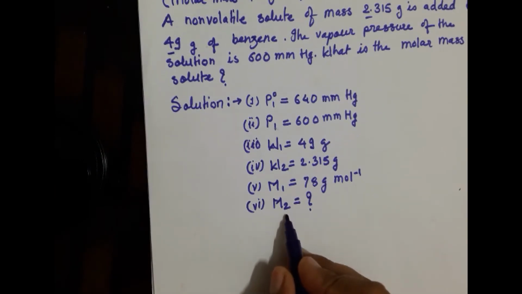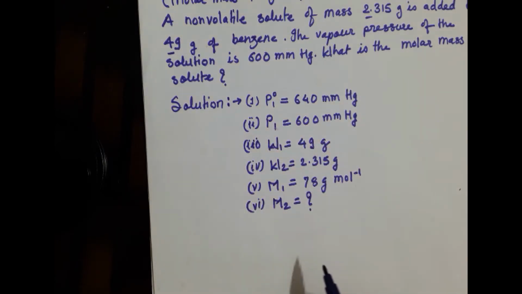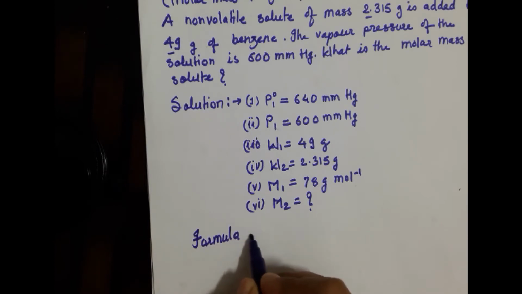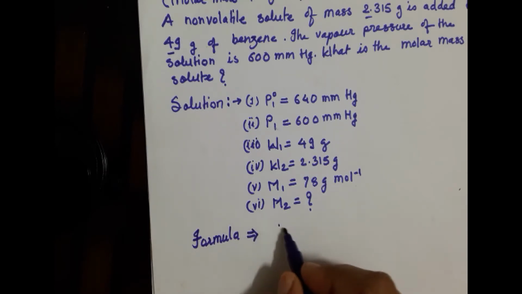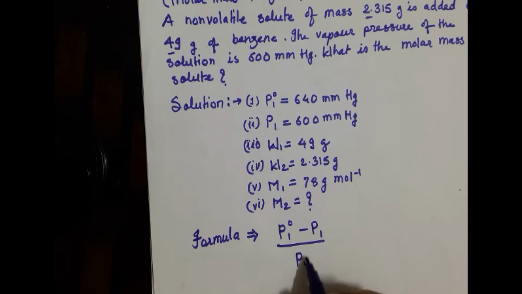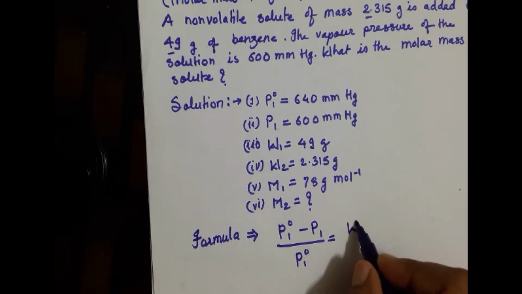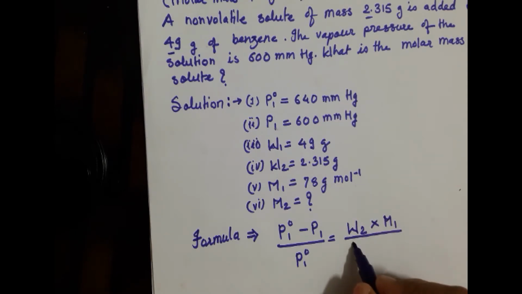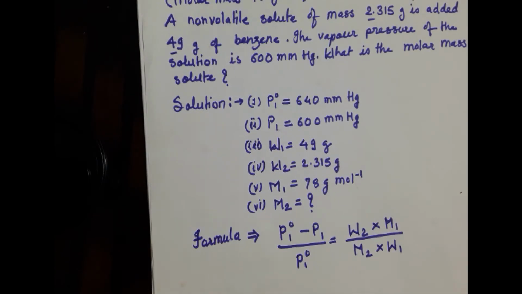Now when we have to find out the molar mass by using this data, the formula we are going to apply here is (P1 naught minus P1) upon P1 naught is equal to W2 multiplied by M1 divided by M2 multiplied by W1. This formula we have already learned, and just put in the values which are given. So let's see that.